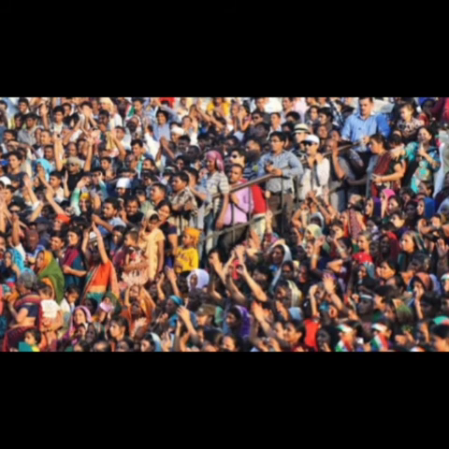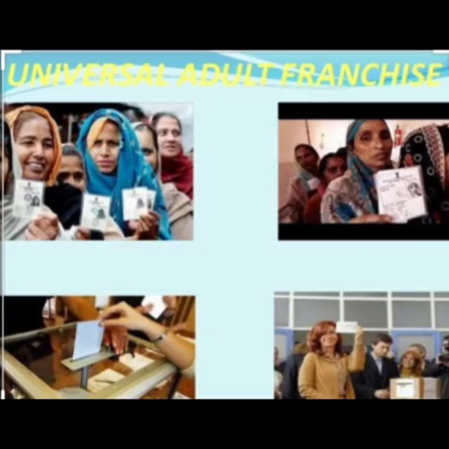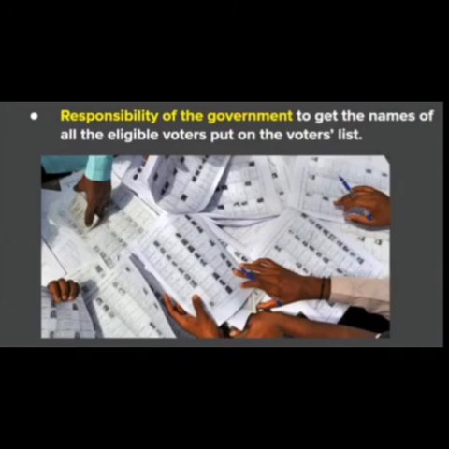In our country, all the citizens aged 18 years and above can vote in an election. Every citizen has the right to vote regardless of his or her caste, religion or gender. It is the responsibility of the government to get the names of the eligible voters and put them on the voters list.